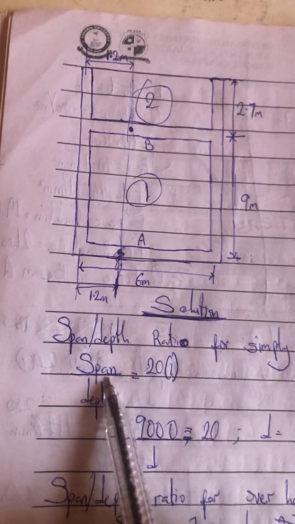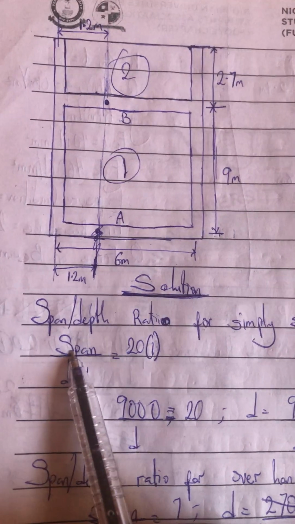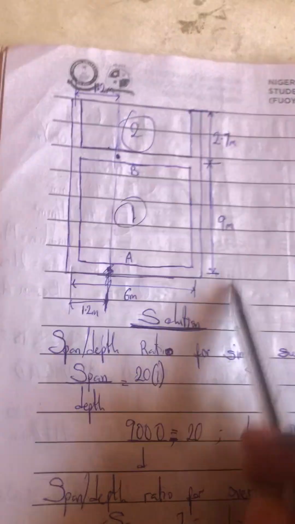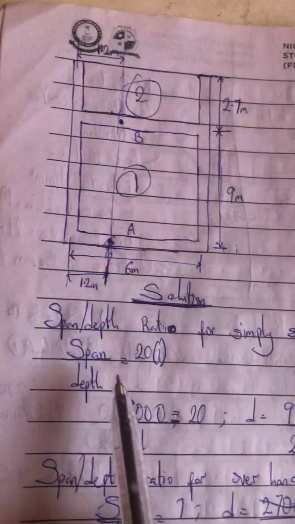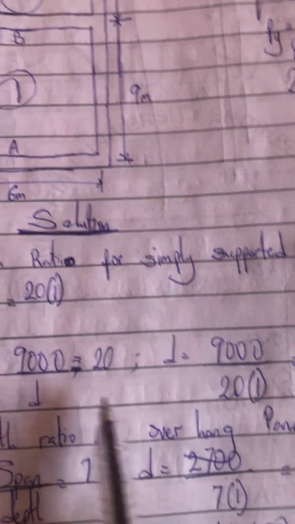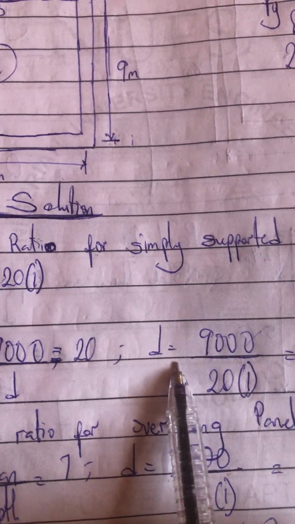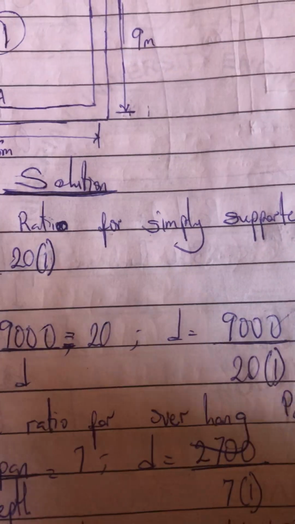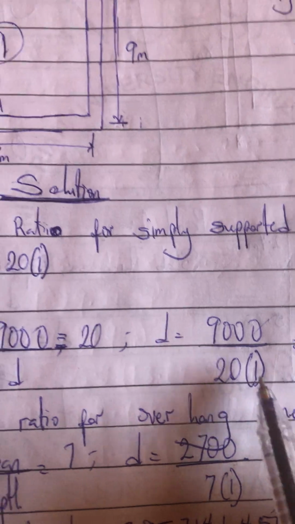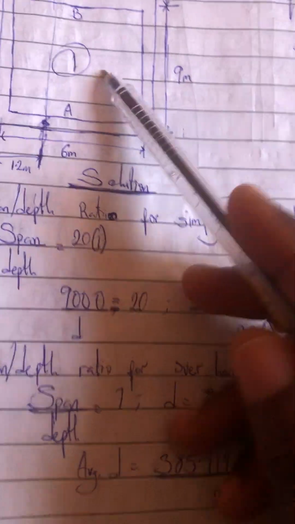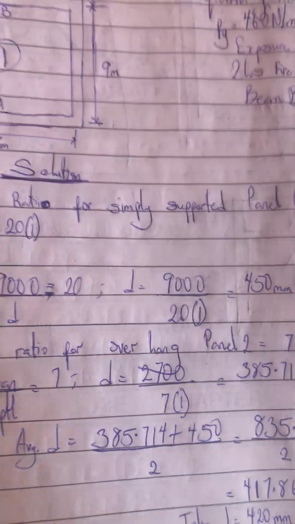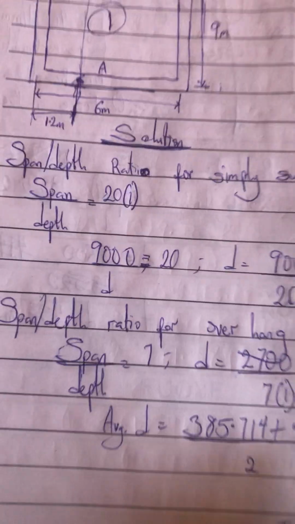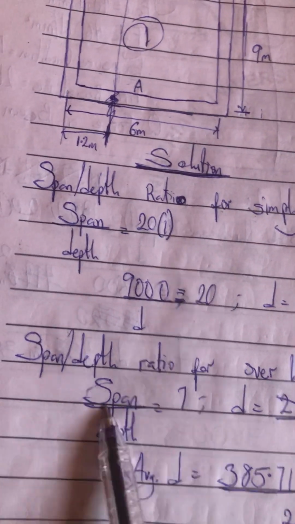Just because we are looking for the depth and we have our span to be 9 meters, we just make D, which is our depth, the subject of the formula. That's how you get your effective depth. But since we have an overhang and a simply supported, we are asked to take the average of the two, and that's what we did there.